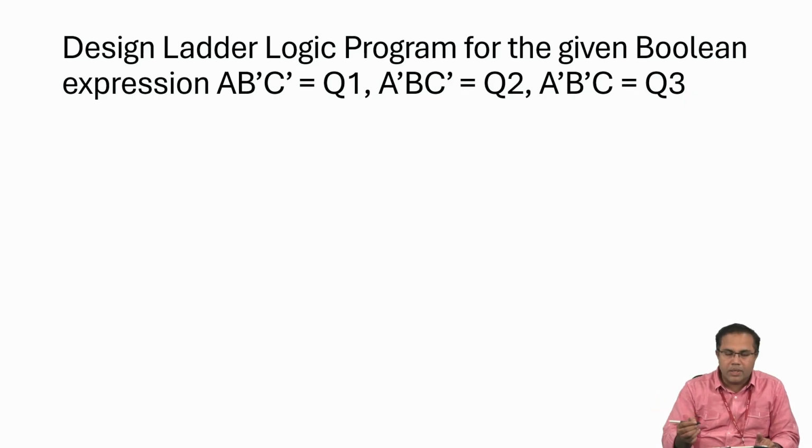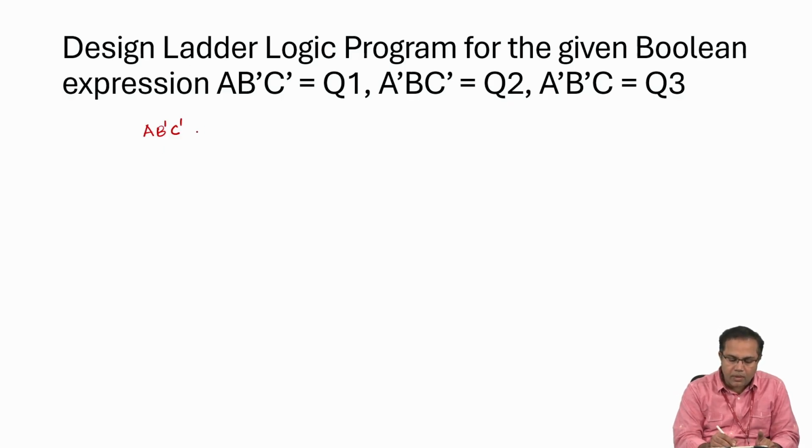In either form, we normally find basic literals, here A, B complement, and C complement. So a normal literal with a complement literal, and in between these literals there are two operations, usually AND operation or OR operation, right?